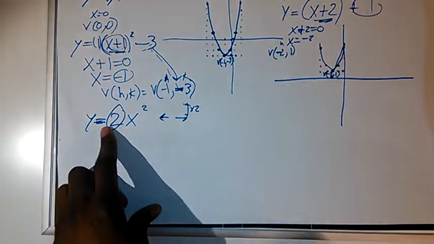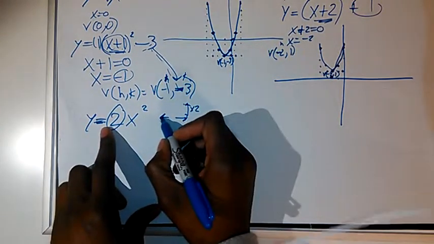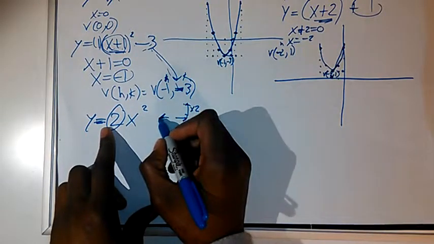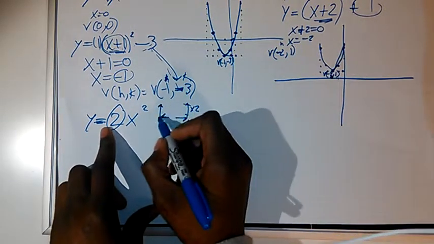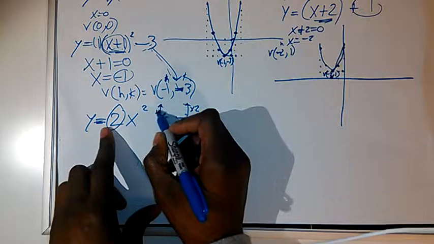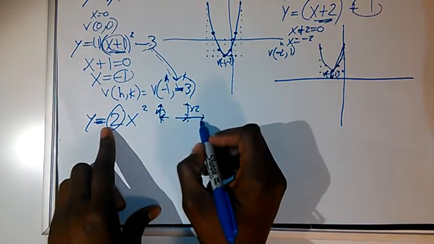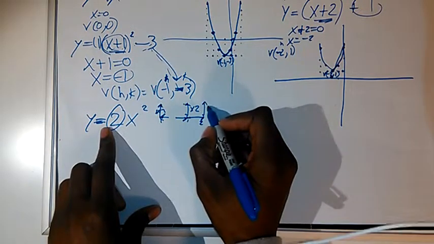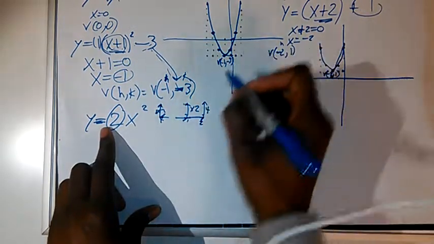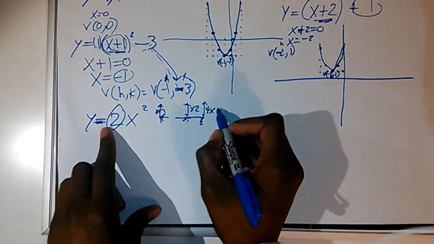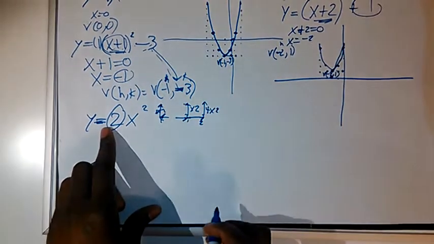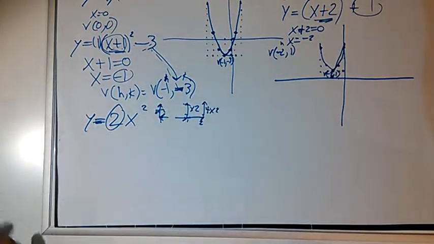Or left over once, and then up once times 2. Do the same thing. Right twice, up 4 times 2. So just remember, it's 2 squared, up 4 times 2. Okay? Same thing with the left side.